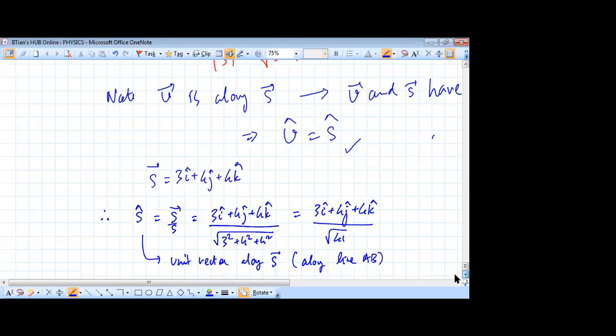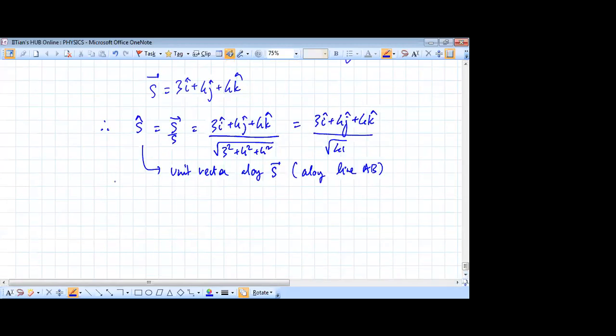So now velocity should become what? Velocity should become its magnitude into unit vector. So the magnitude of velocity is 8 meters per second. That was given to us.